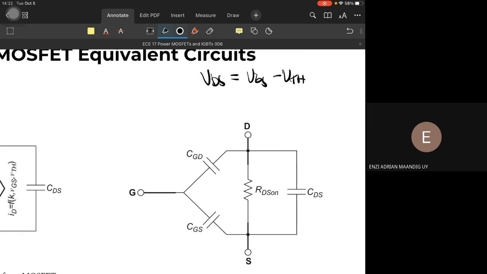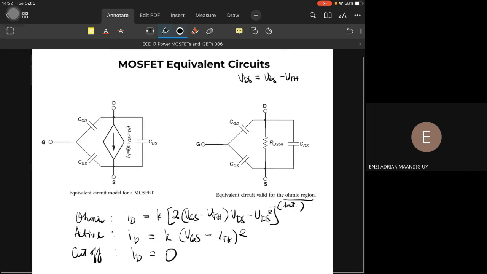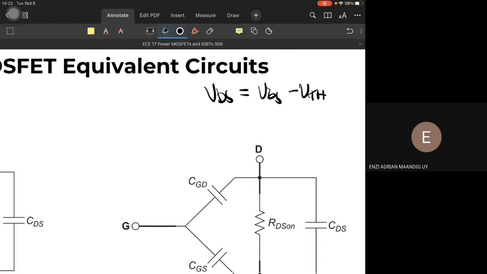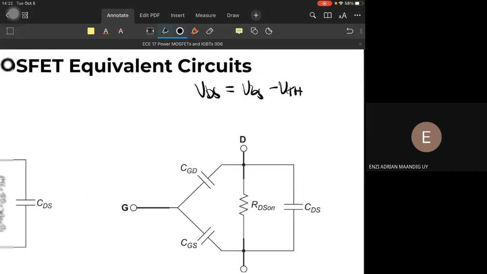You substitute this into both equations, in the ohmic and in the active region, VGS minus VTH as VDS. Because in both the active and ohmic region, we use this formula, VDS is equal to VGS minus VTH.